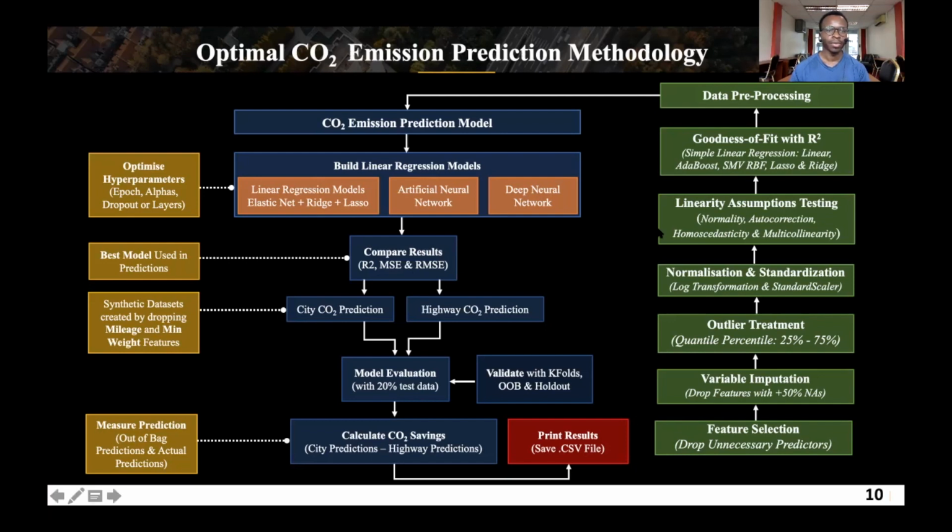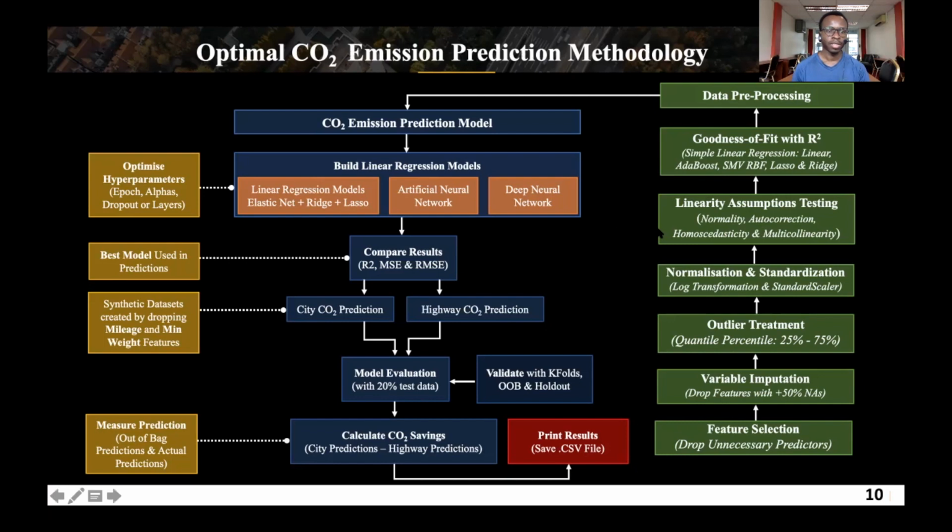Okay, and then we look at the models that were done. Three different models with regularized linear regression constituting elastic net, ridge regression, and lasso models. So now all these were done in accordance with the findings that were made.